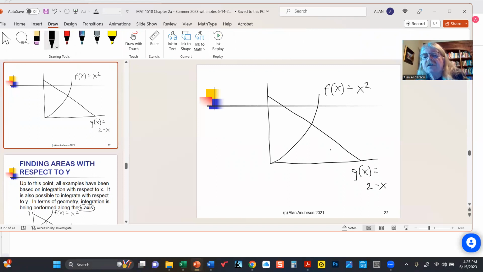And instead of being interested in the area down to the horizontal axis, what if instead we're looking for this area?